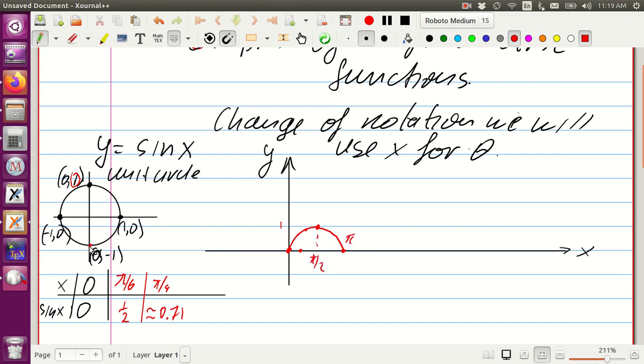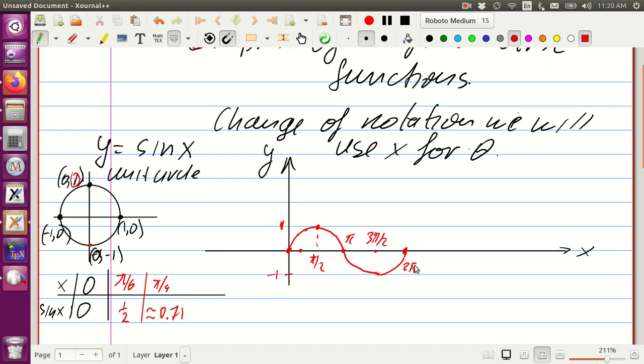And then we're going to reach -1 by 3 pi over 2. And then we're going to come back to 0 at 2 pi.